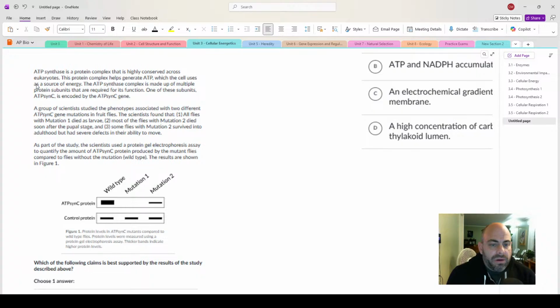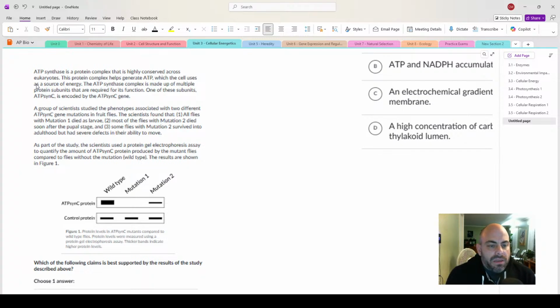The protein complex helps generate ATP, which the cell uses as a source of energy. The ATP synthase complex is made up of multiple protein subunits that are required for its function. One of these subunits, ATP synC, is encoded by the ATP synC gene.